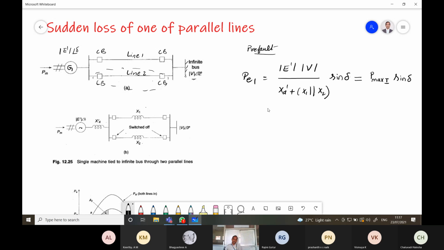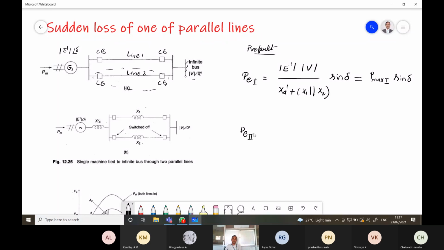Now when line 2 is switched off, only one line is connected. So what happens to PE?